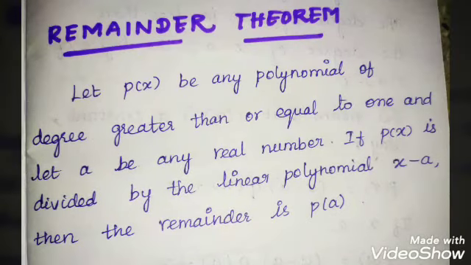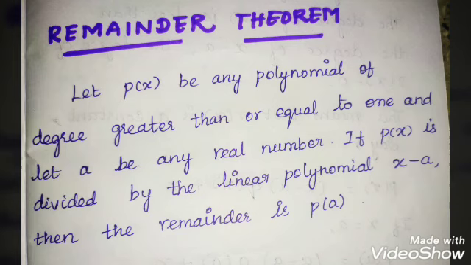Next is the remainder theorem. Here, let P of x be any polynomial of degree greater than or equal to 1, and let a be any real number. If P of x is divided by the linear polynomial x minus a, then the remainder is P of a.